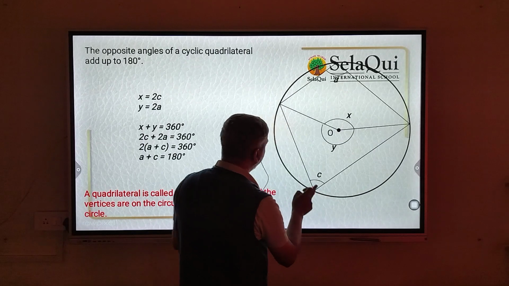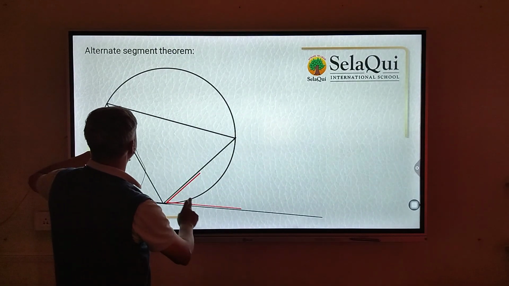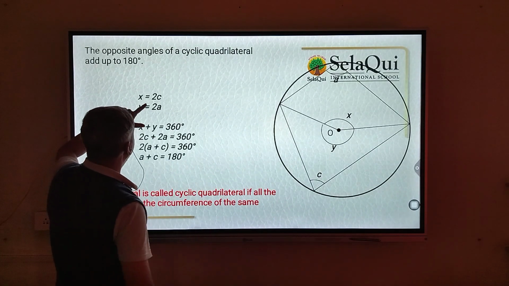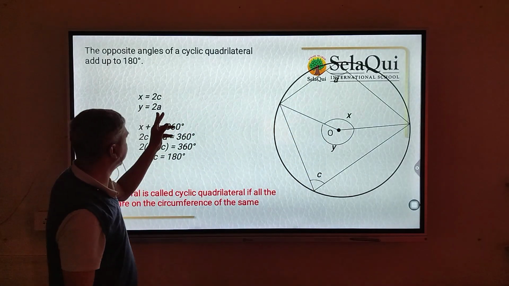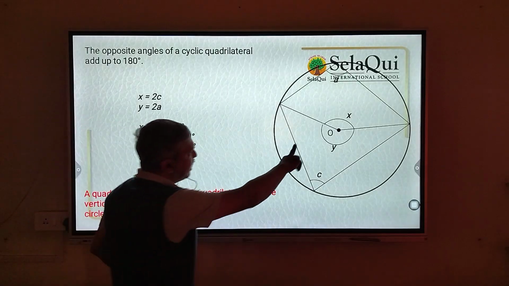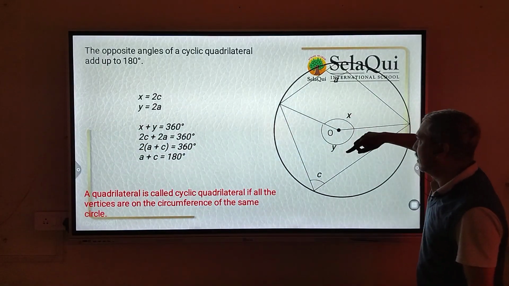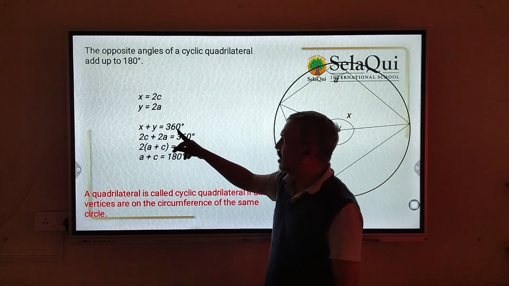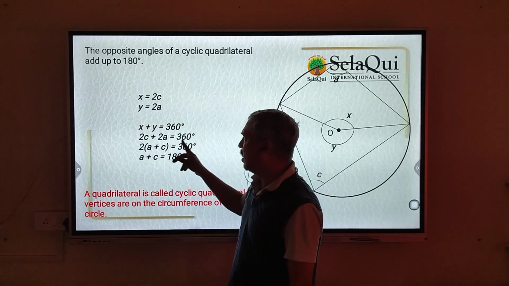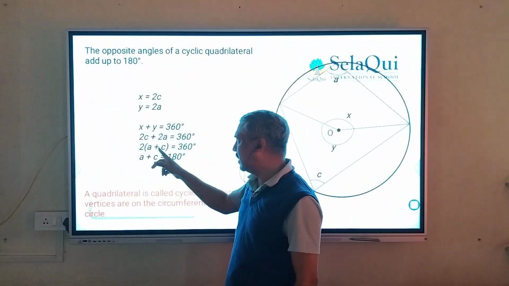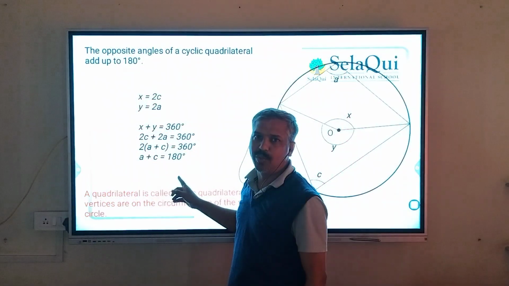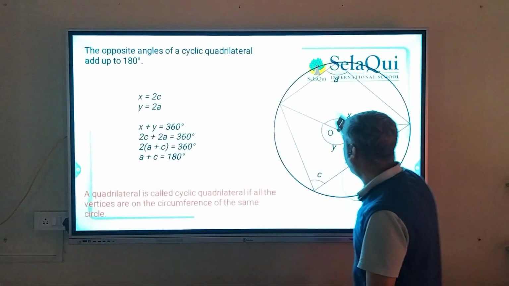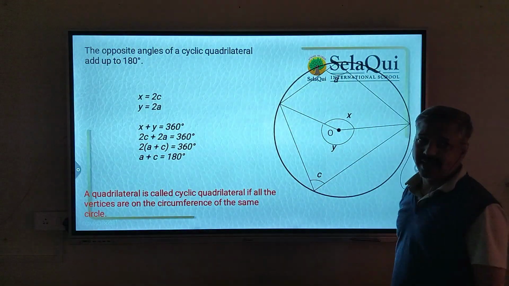So X is equal to 2C. And Y is equal to 2A. Same logic. But X plus Y is 360 degrees. So 2C plus 2A is 360 degrees. 2 common. A plus C is 360 degrees divided by 2. A plus C is 180 degrees. So the sum of opposite angles is 180 degrees.